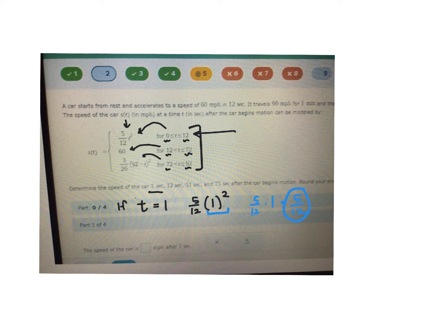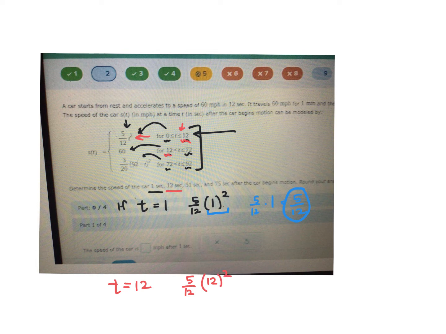To continue on, if we want to find the speed after 12 seconds, that is if t is equal to 12, well, we have the number 12 sitting here and also in that second one as well. But because the inequality says less than or equal to 12, we're again going to use that top expression. So we're looking at 5 over 12 times 12 squared.